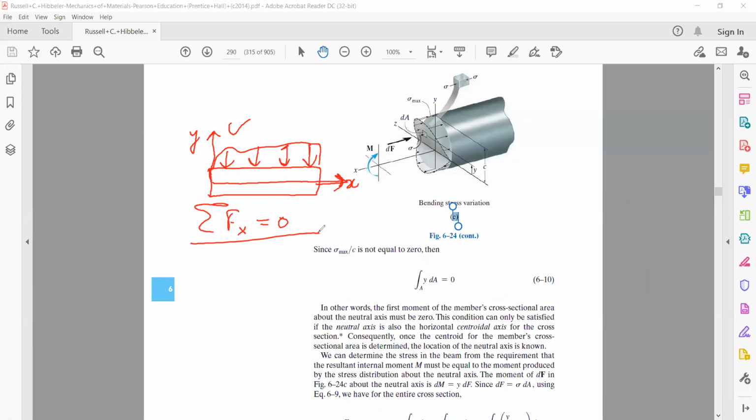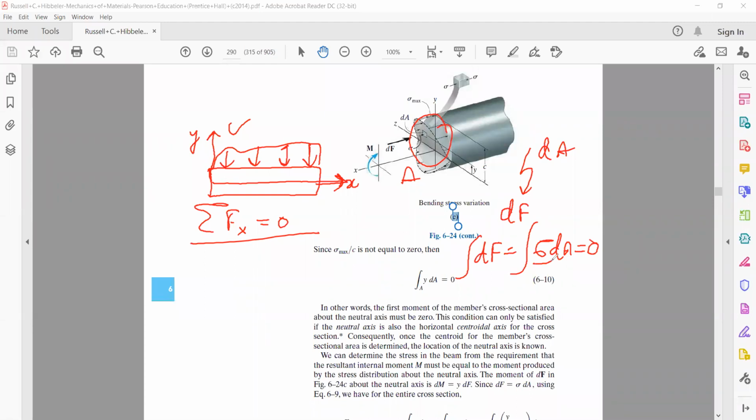Now, how much will be the force? The force is dF on a small area element dA. Total area for us is A. How much will be the total force? That will be integral dF, which is equal to integral sigma dA, and this is equal to 0.